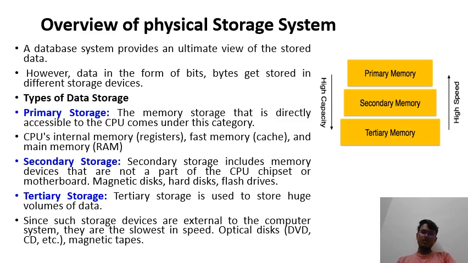Secondary storage includes memory devices that are not a part of the CPU's chipset or motherboard: magnetic disk, hard disk, flash disk. Tertiary storage is used to store a huge volume of data.